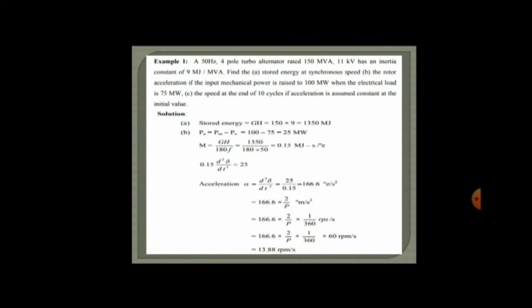So you have to know the moment of inertia formula. So what is the formula for moment of inertia? M equal to GH by pi f. G is the rating of turbo generator, H is inertia constant.